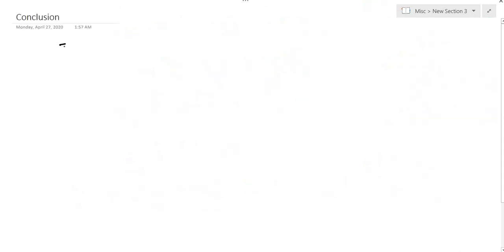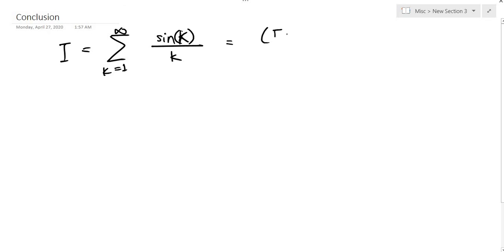So what did we learn in today's video? We learned that we had a problem I, the infinite sum from k equals 1 to infinity of sine of k divided by k, and I'll bracket the k so that you don't think that it's sinc, it's sine of k. By converting the sine into its exponential definition and then converting each of the two sums that we obtain into a natural log form, we end up with pi minus 1 divided by 2.